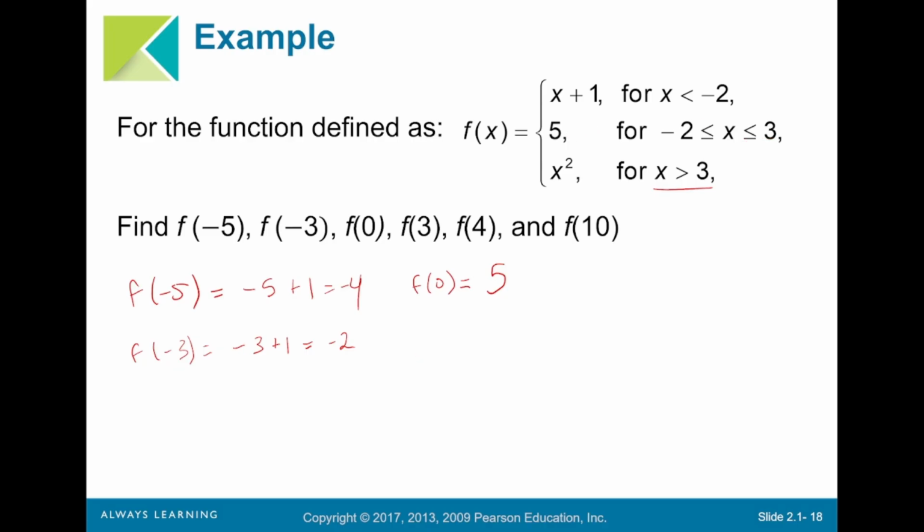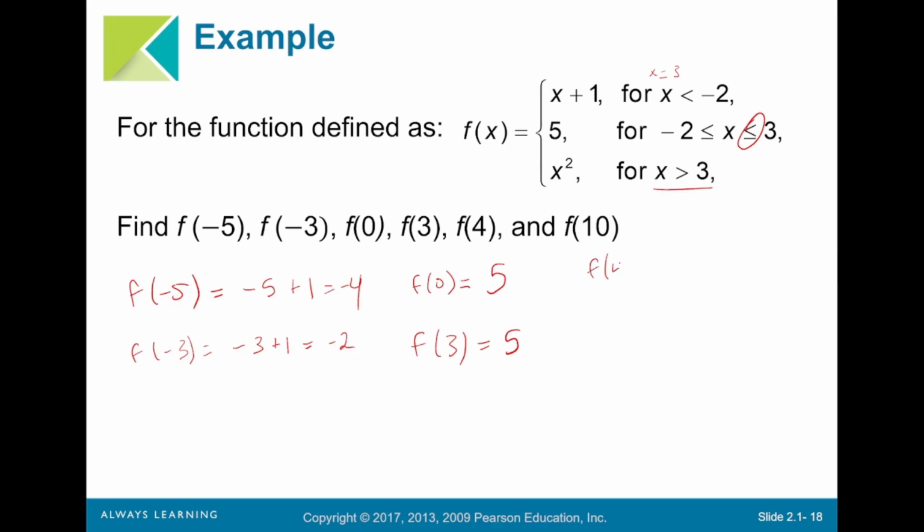Now we're thinking about f of 3. So my x value is 3 here. I've got to think about where x equals 3 belongs. I see a 3 in my middle line and my bottom line, but the 'or equal to' is right here in the middle line. So f of 3 is also 5.